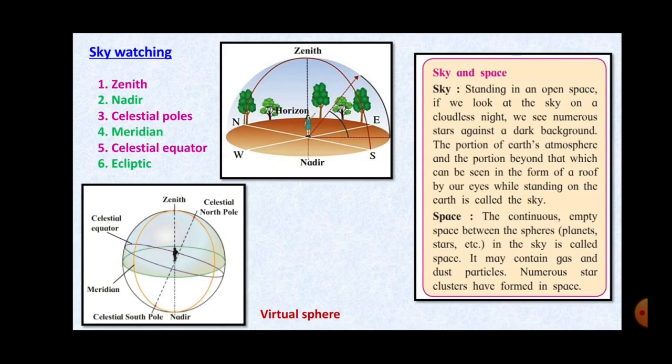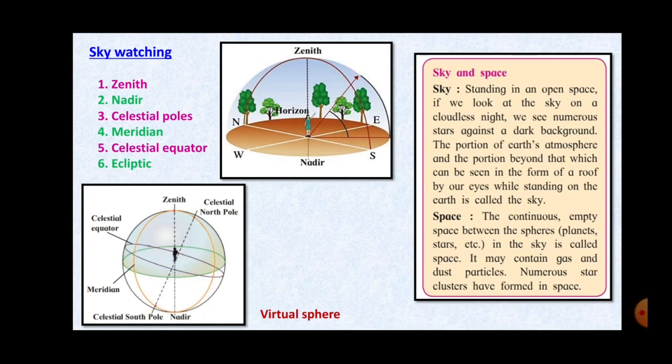Now, what is sky and what is space? I had already explained to you that when we stand in an open space and we look at the sky, we see numerous stars in the sky. The portion of Earth's atmosphere beyond which we can see, like a roof, is called the sky.